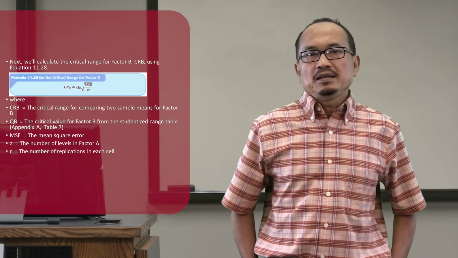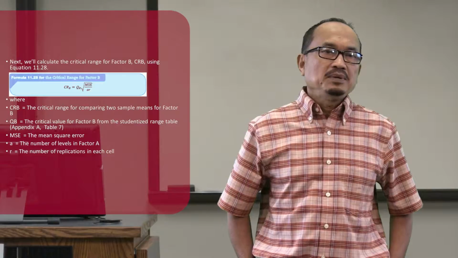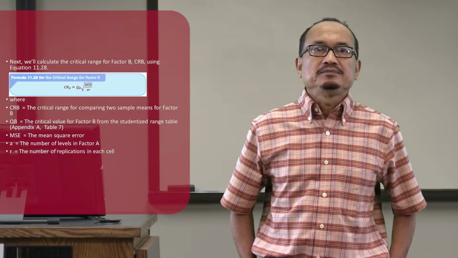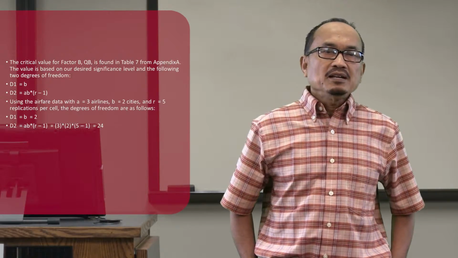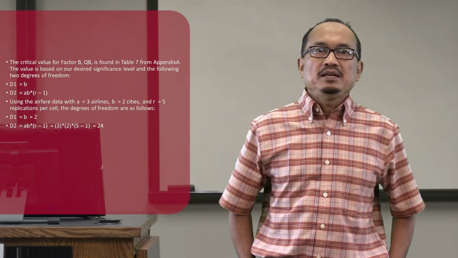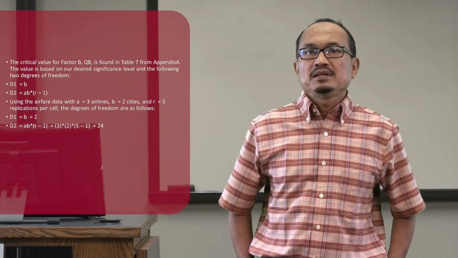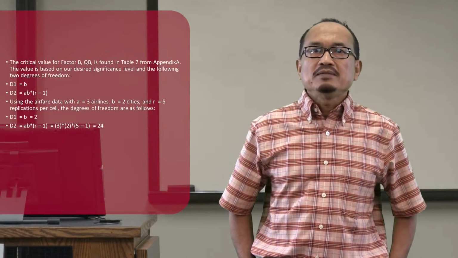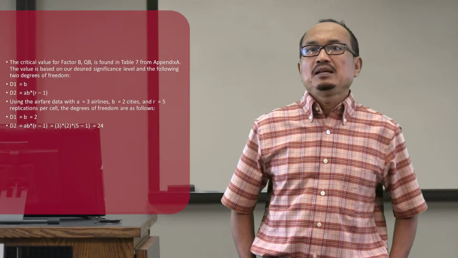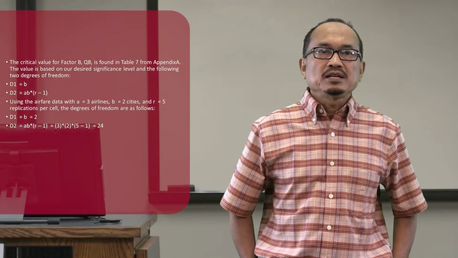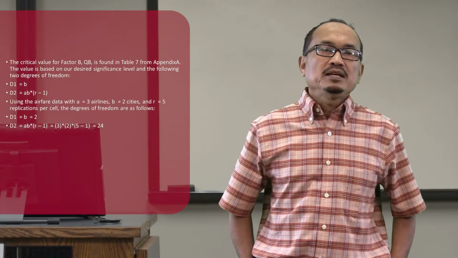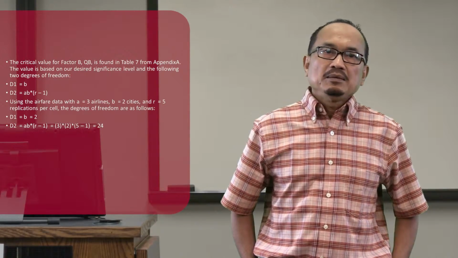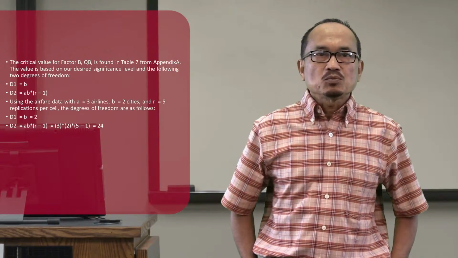A is the number of levels in factor A. R is the number of replications in each cell. The critical value for factor B, QB, is found in Table 7 from Appendix A. The value is based on our desired significance level and the following two degrees of freedom. D1 is equal to B. D2 is AB times R minus 1.